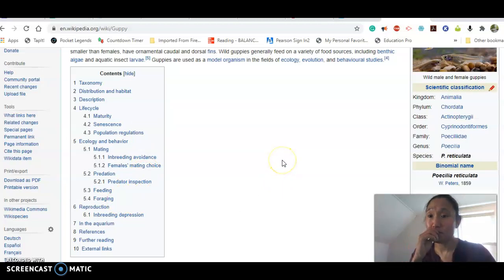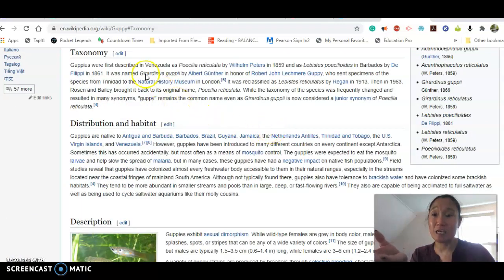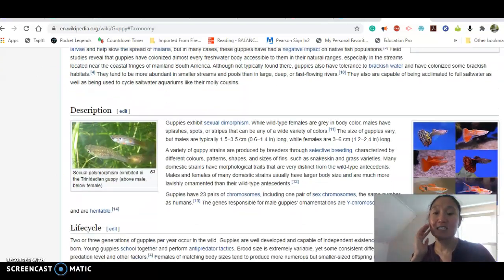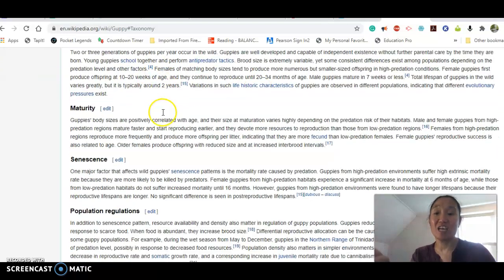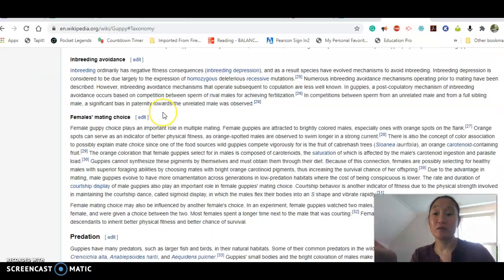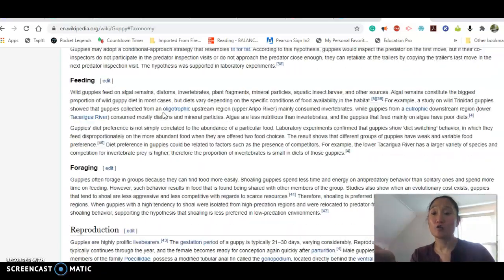I could talk about what taxonomy is, kind of where they come from, what kind of guppy names they have, distribution and habitat, where do they live in the wild, description, life cycle, like how do they live, all sorts of different things.